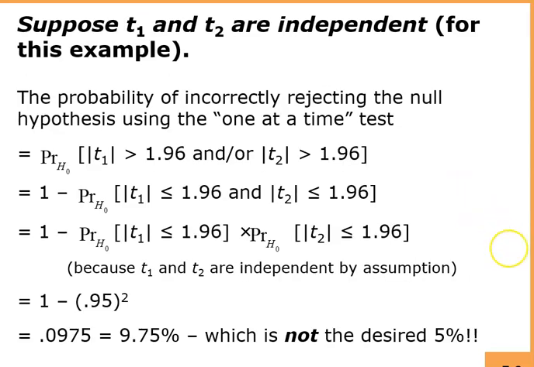So the probability of incorrectly rejecting the null hypothesis using the one at a time test is the probability that you reject the first null hypothesis that beta 1 is equal to 0, and or the probability that you reject the second null hypothesis that beta 2 is equal to 0.